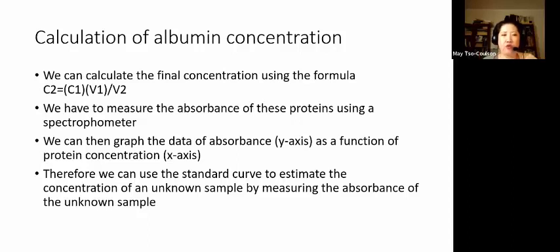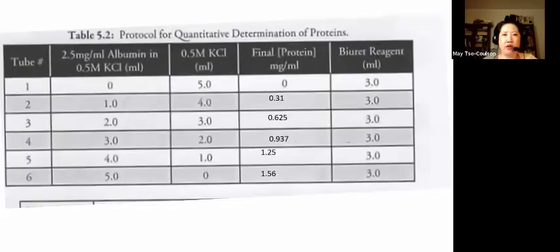We will then use the standard curve to estimate the concentration of an unknown sample by measuring the absorbance of the unknown sample. So we will show that here. The table that I showed earlier is now filled out. This is our calculated concentration in the column that I put a red box around. So we have that number.